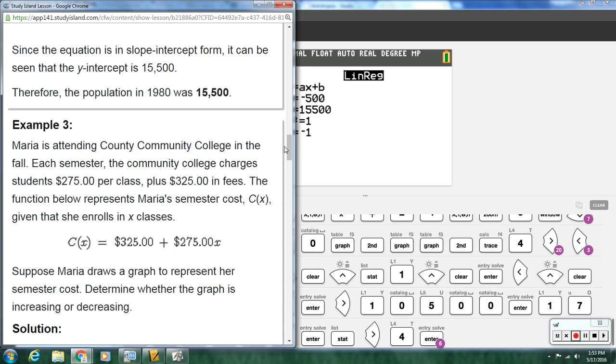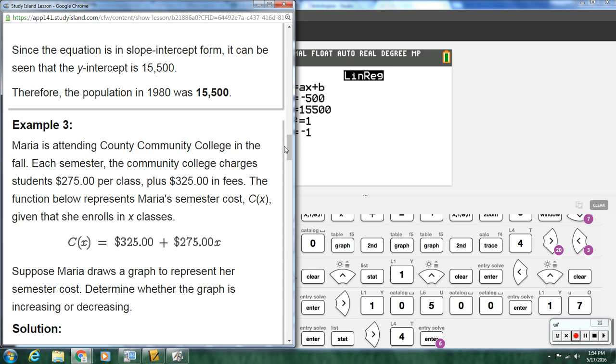Technically, when y'all get to college, you don't pay by the class, you pay by the hour. So this class right here would be a 3-hour class, and you multiply that times 3. That's how much you're going to pay to take one class in college. If you think you don't need good grades for your scholarship, Justin, this is useful. The function below represents Maria's semester cost, C of x, given that she enrolled in x classes.